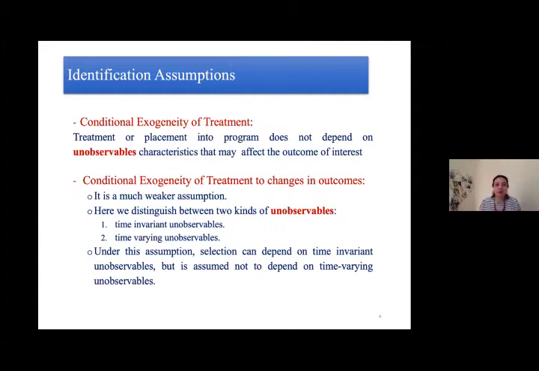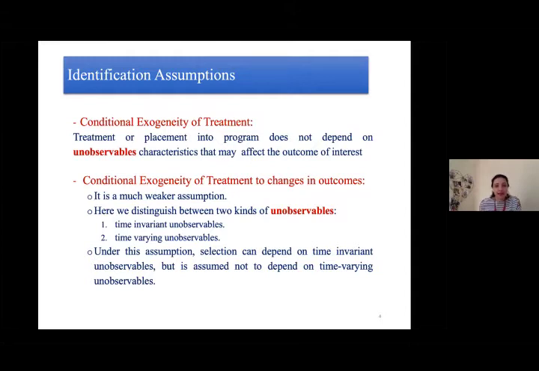I will assume that these unobservable characteristics are the same in 2013 and the same in 2018. They may explain or affect the fact of being selected or treated into the program. So I want to consider this, but I will not be able to consider it if it's changing over time.